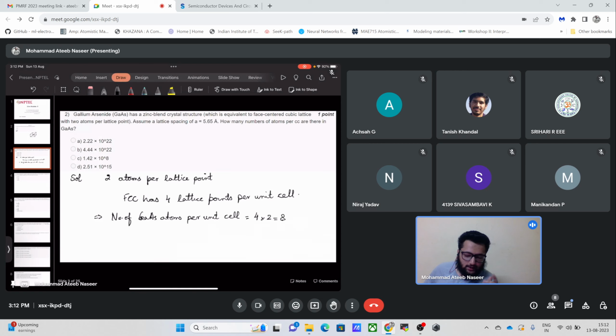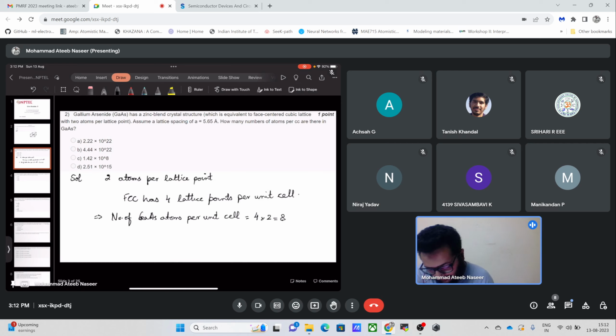So basically we are having the same silicon structure, but the only difference here is that one silicon atom will be replaced by the gallium, and the other silicon atom will be replaced by the arsenic.